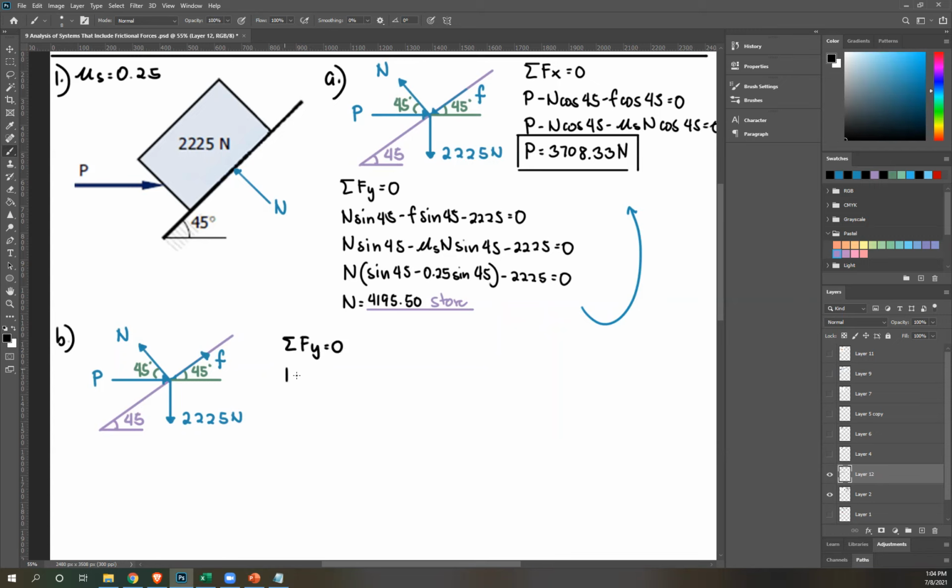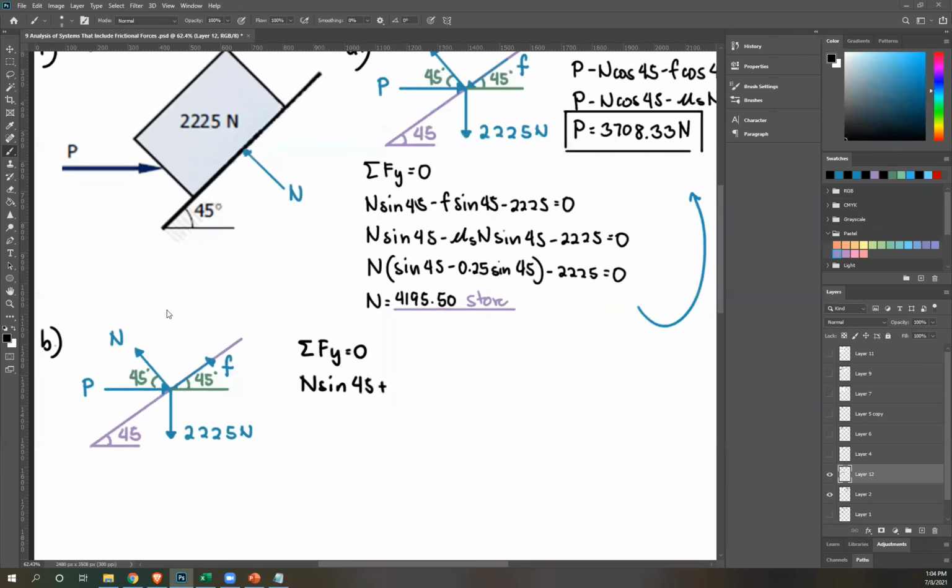So n sine 45 plus F sine 45 minus 2225 equals 0.